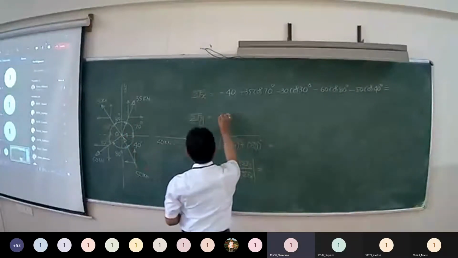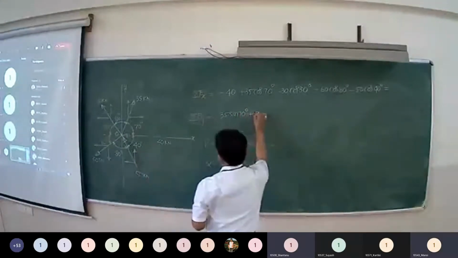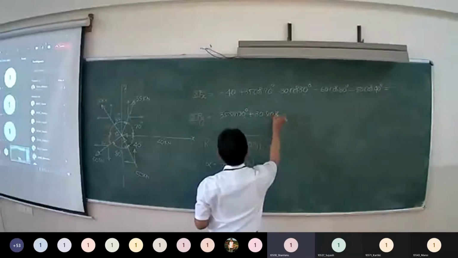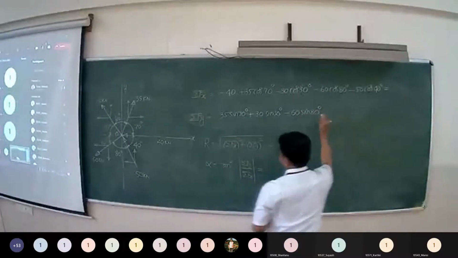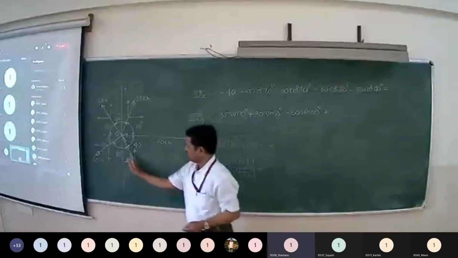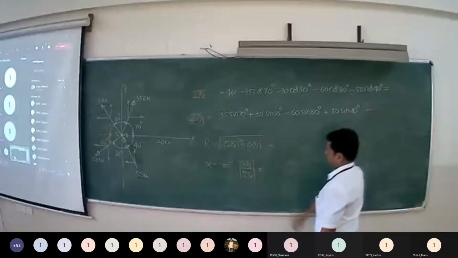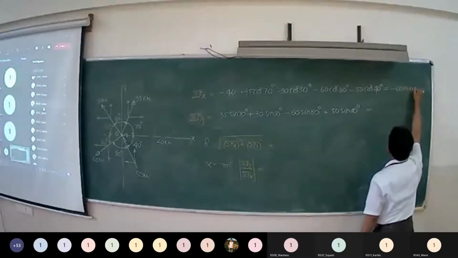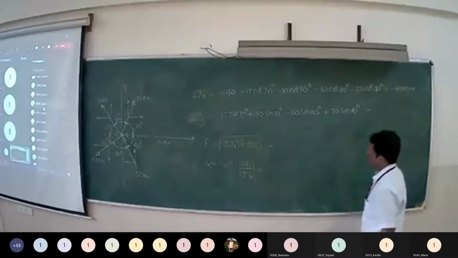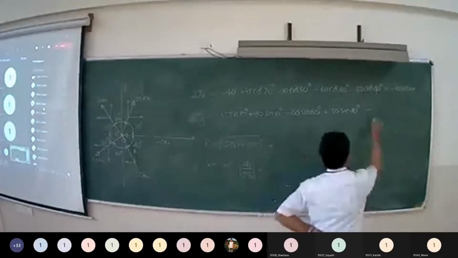The y component of 35 is plus 35 sin 70, plus 30 sin 30, minus 60 sin 80, plus the y component of this 50 kN, which is upwards, plus 50 sin 40. Summation Fy is 20.94 kN, right?